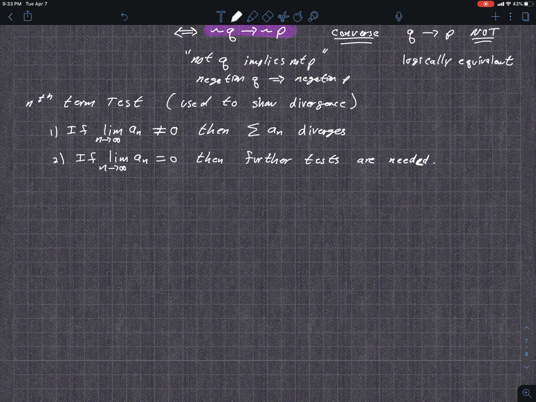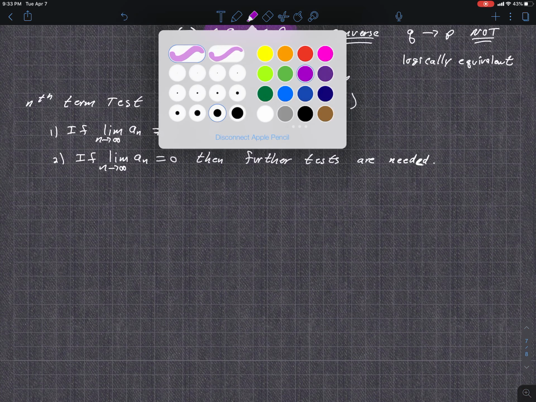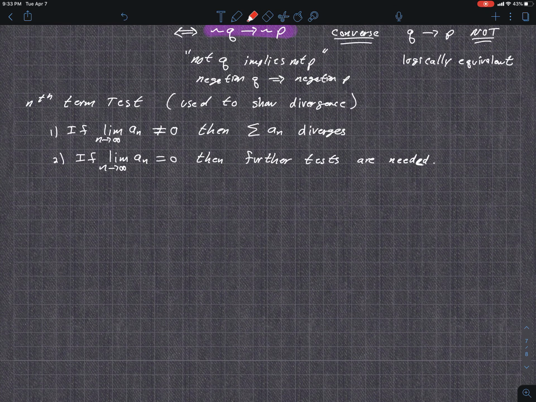You've got to figure it out. Further tests are needed. And that's frankly what most of the rest of this chapter is about: all these different tests to show convergence and divergence. So the nth term test only shows divergence.